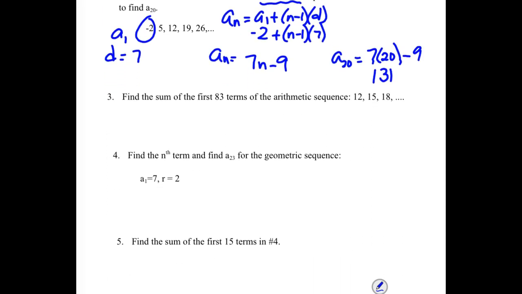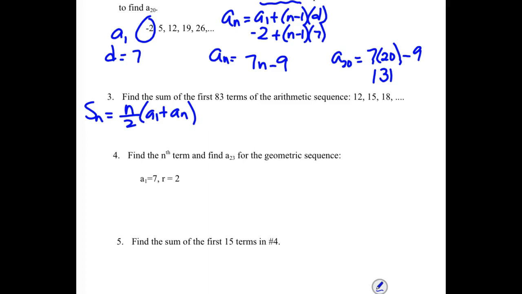Question 3, find the sum of the first 83 terms of the arithmetic sequence. Okay, this time we need our summation formula. So what of those pieces do we know? We know n. N is what? 83.